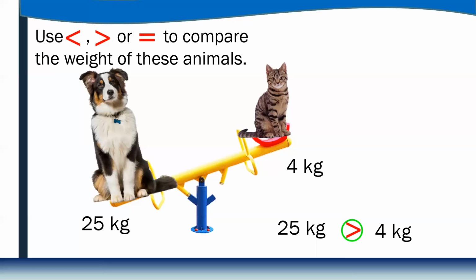Excellent, boys and girls. If you said, since the cat is light, his side of the seesaw would be up, and since the dog is heavy, let's show that. Since the dog is heavy, the side of the seesaw where the dog is sitting would be down.